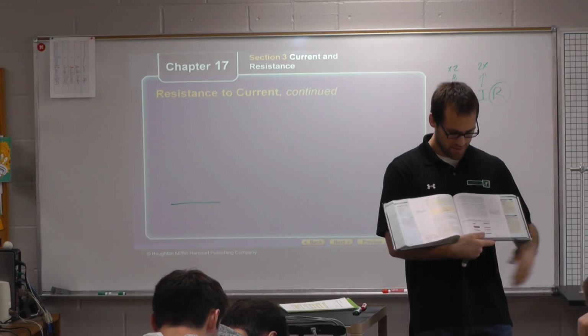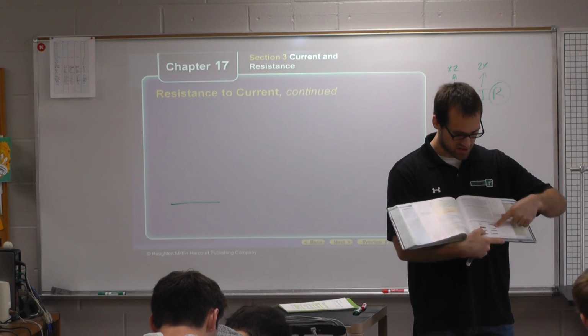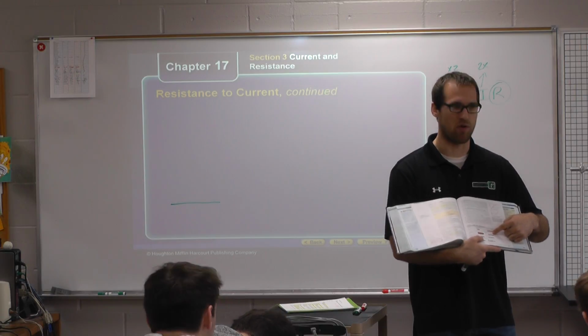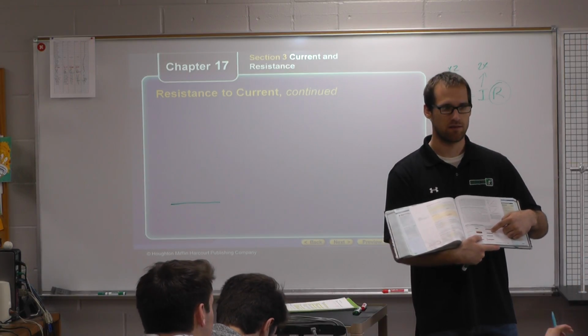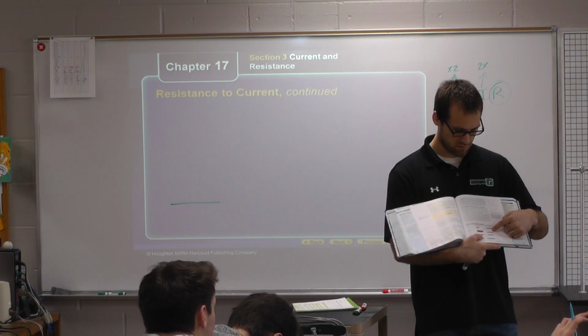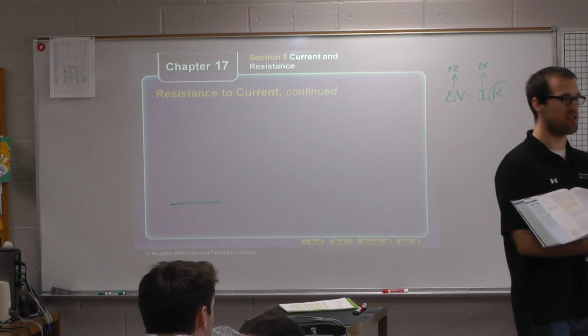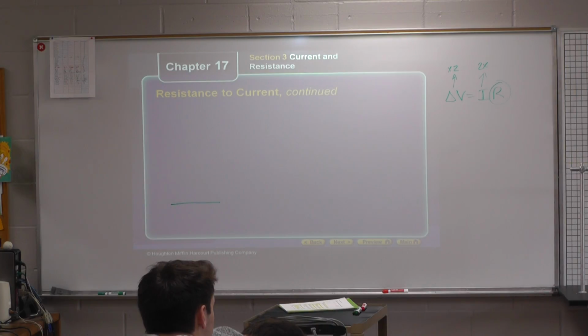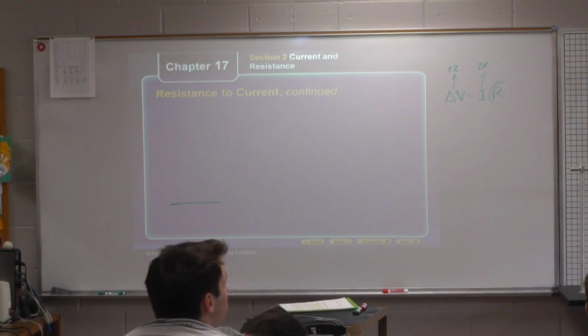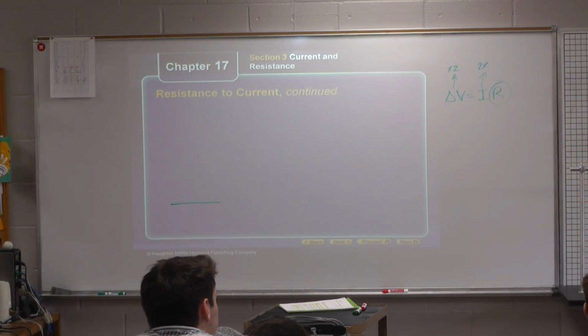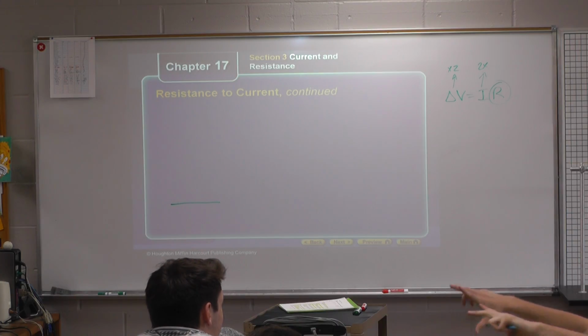Next, it says the smaller the cross-sectional area, the more resistance it has. So as it gets thicker, it's easier to pass through. As the area gets bigger, it's easier to pass through. Think of how water would act. Water is going to pass through a bigger opening easier than a smaller opening, right? Think of the flow of electrons like the flow of water.